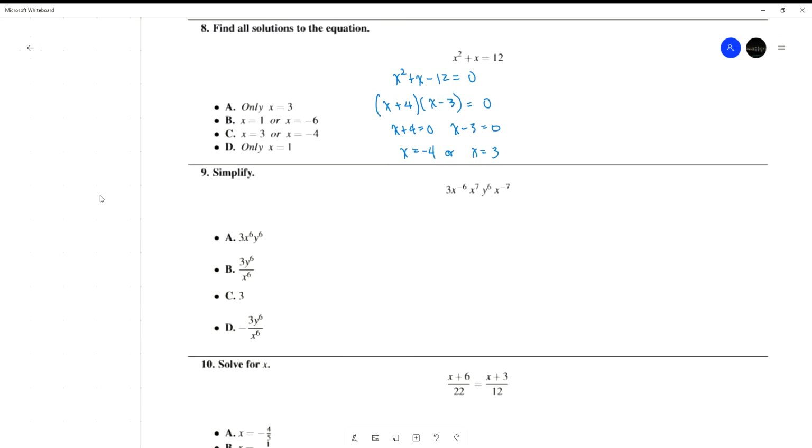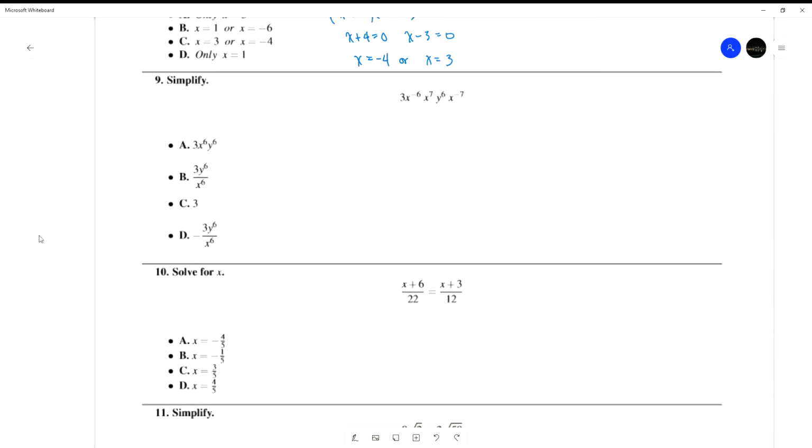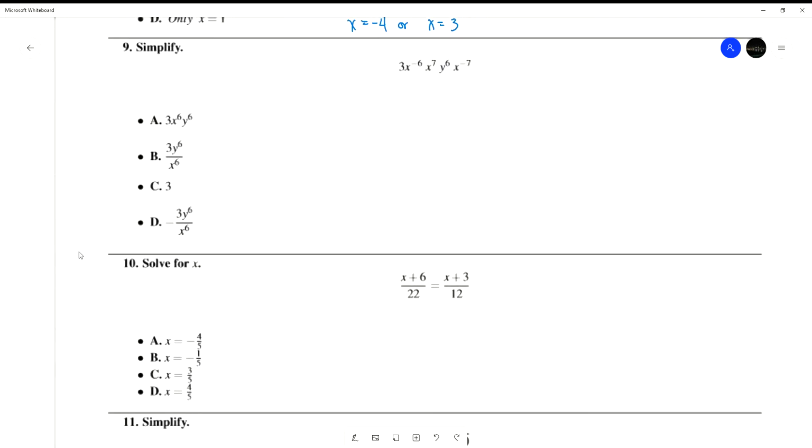Let's go on to number 9 and 10. All right, so this one we have to simplify using the laws of exponents, right? Okay, so according to the laws of exponents, if they have the same base and they're being multiplied, I can add the exponents, right?